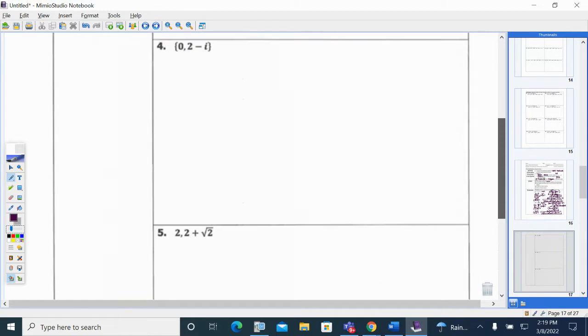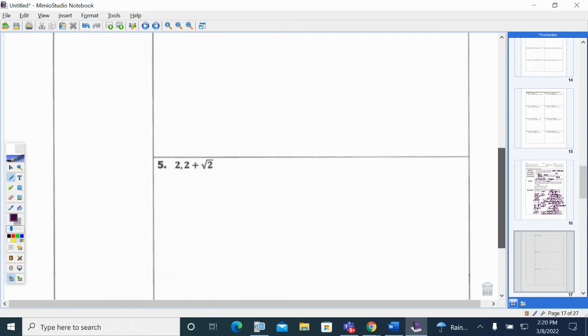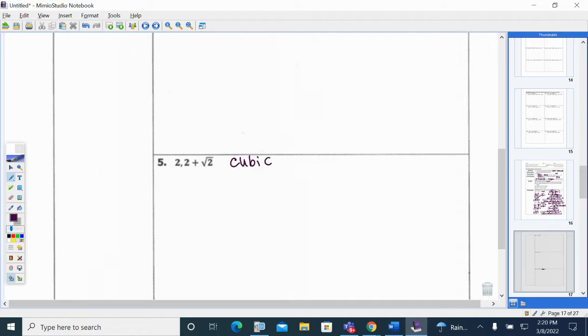I will look at example number 5. Example number 5 is also going to be cubic. 2 plus radical 2 is also 2 minus radical 2. So I've got x equals 2, minus the 2, and there's my first factor.